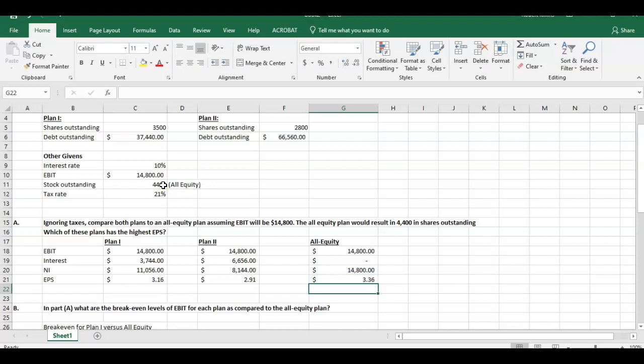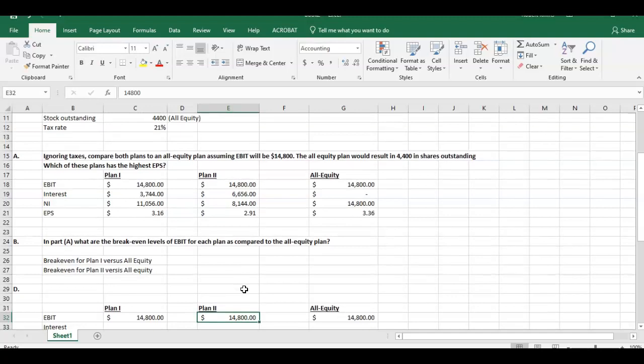So when we look at this, we can see that our highest EPS is for the all equity firm. And we can compare this against the 3.16 and 2.91 in plan number 1 and 2 respectively.